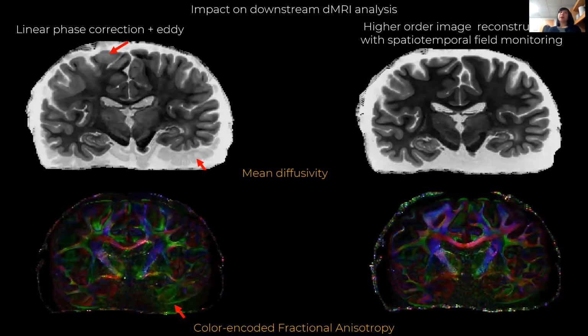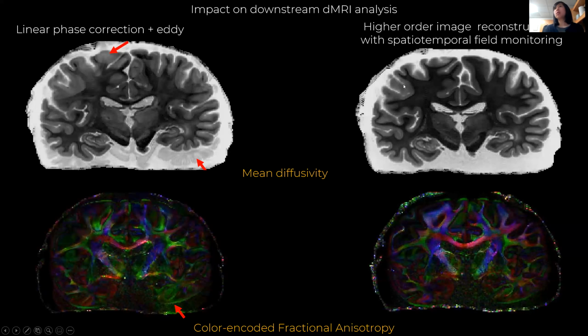And this is important because if you don't account for those artifacts, it will obviously impact the downstream diffusion MRI analyses. We actually saw this very early on with our original Connectome project. One of the first experiments that people in our team, Jennifer McNabb and Brian Edlow, who wanted to do ex vivo whole brain diffusion MRI for looking at entities like traumatic brain injury, their images were plagued by artifacts like this, where you would get biases in the color FA and also in the mean diffusivity simply due to this profound ghosting.